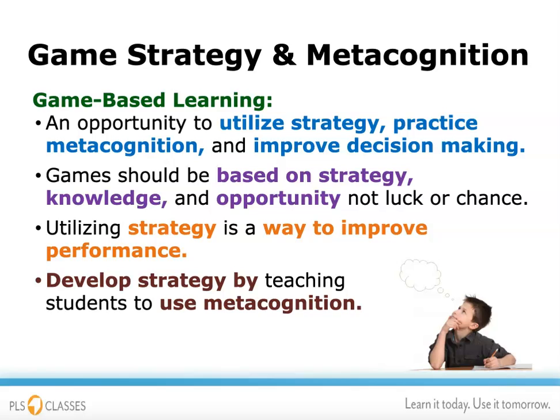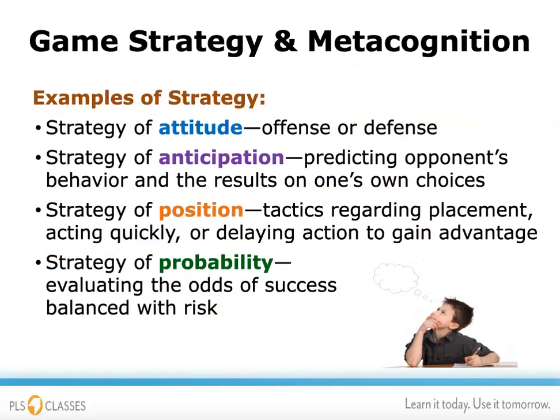What were your thoughts regarding strategy and metacognition on page 176? Strategy of attitude. You will see this strategy used in team sports when a team will either try to shoot as many goals or score as many points as possible, offense, or work defensively to prevent the other team from scoring.